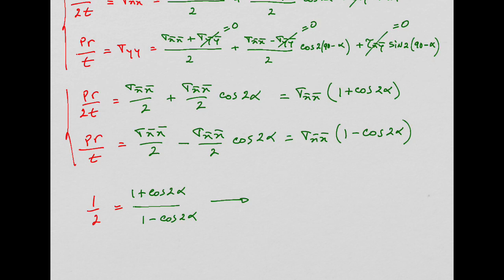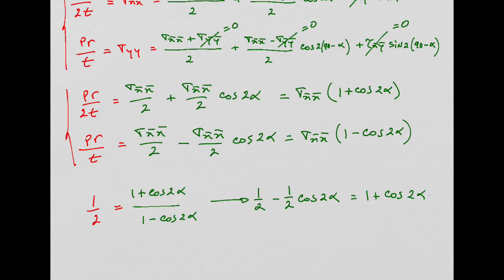Look, the only variable I have in this equation is alpha. I can say this is going to be 1 over 2 minus 1 over 2 cosine 2 alpha equal to 1 plus cosine 2 alpha.